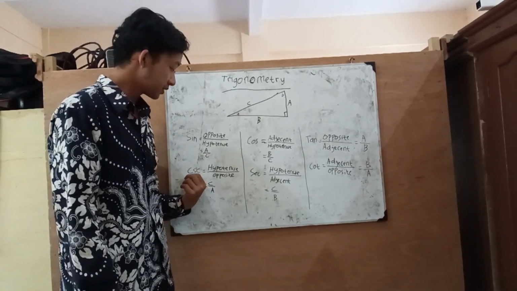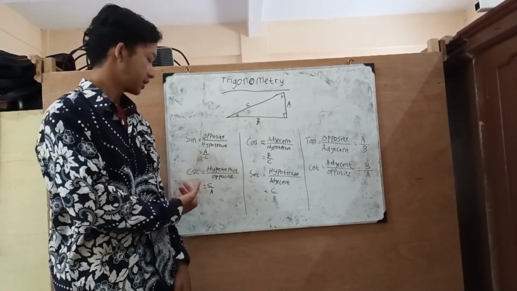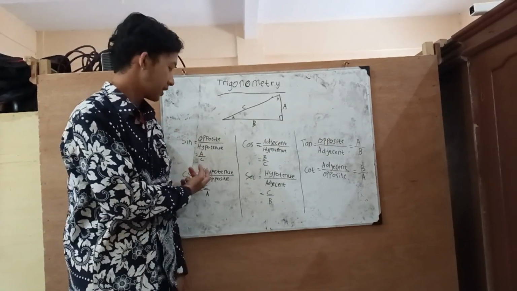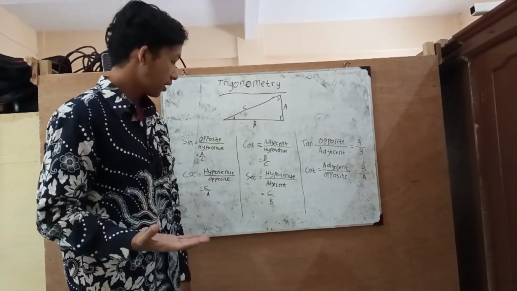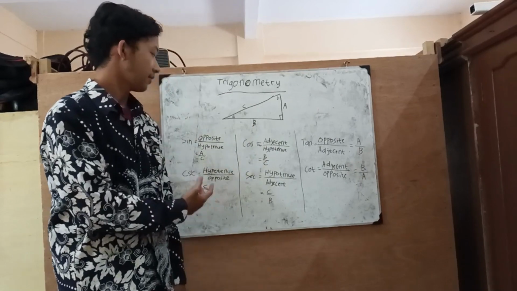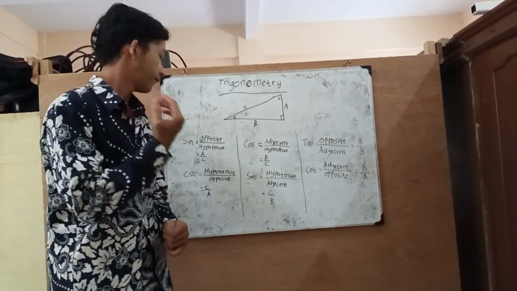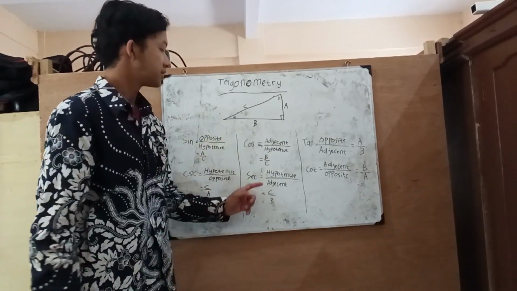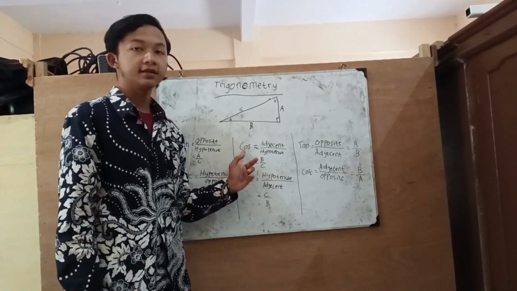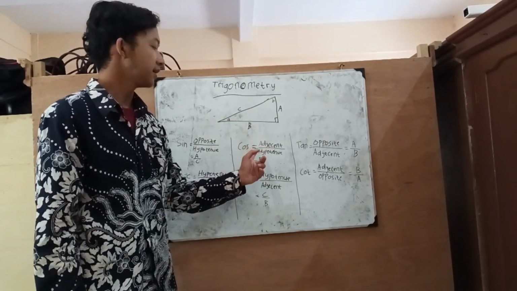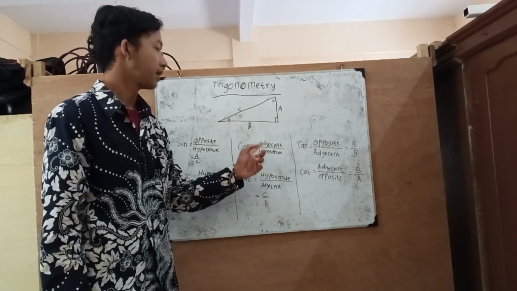And cosec, or we always say cosecant, is hypotenuse over opposite. It is like the reverse of sin. And then cos is adjacent over hypotenuse.